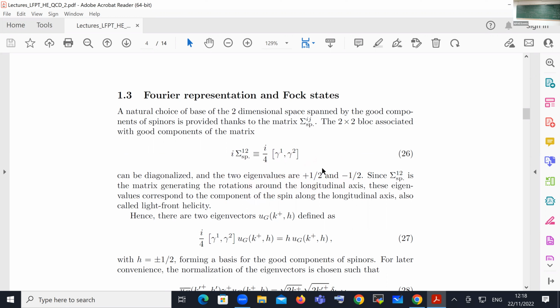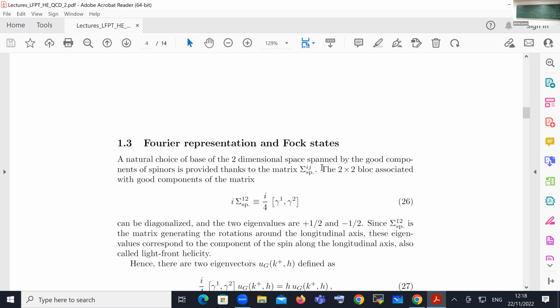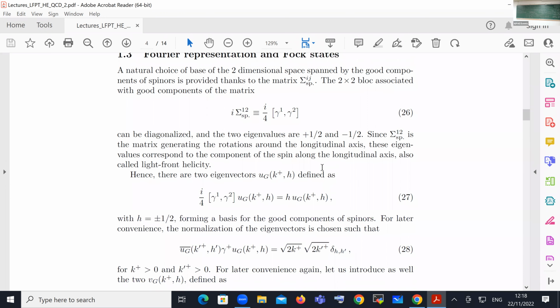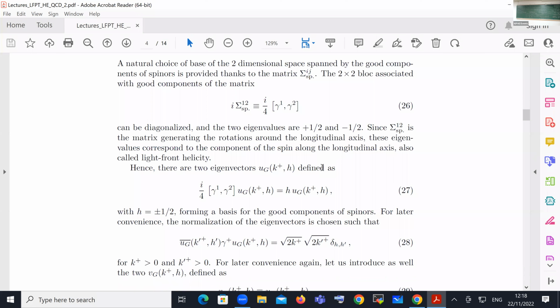This actually corresponds to really kind of helicity, like the helicity that you have for your Dirac field, for the quanta of this Dirac field here.